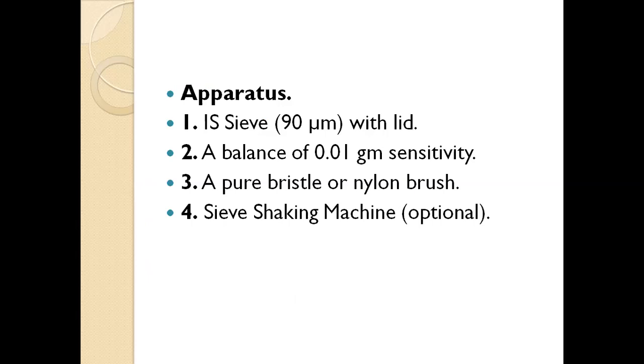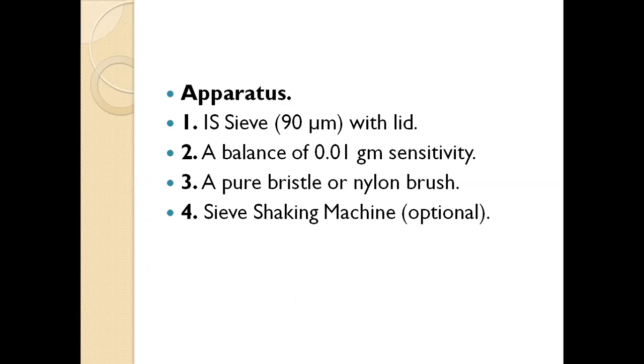For determining fineness of cement, we require the apparatus. First is the IS 90 micron sieve. Second is a weighing balance. Third is a nylon brush or pure bristle brush.